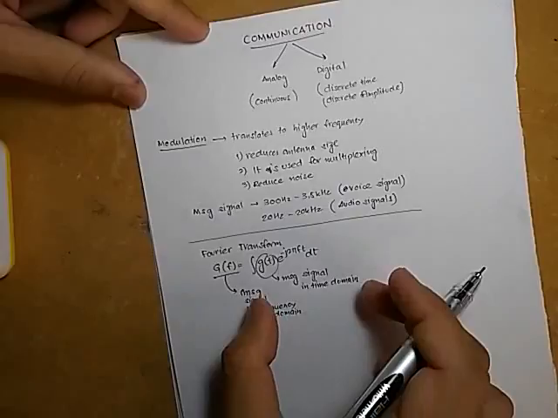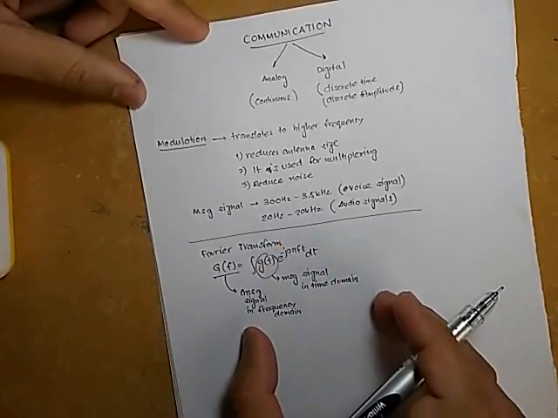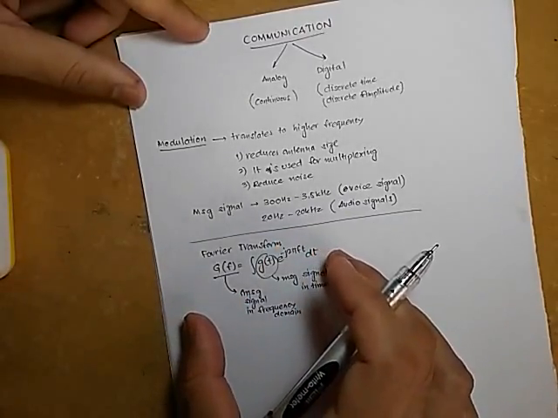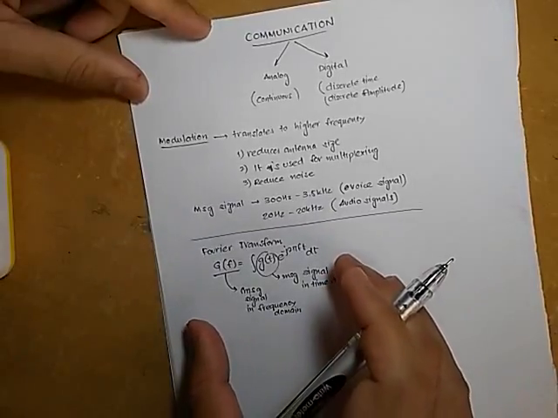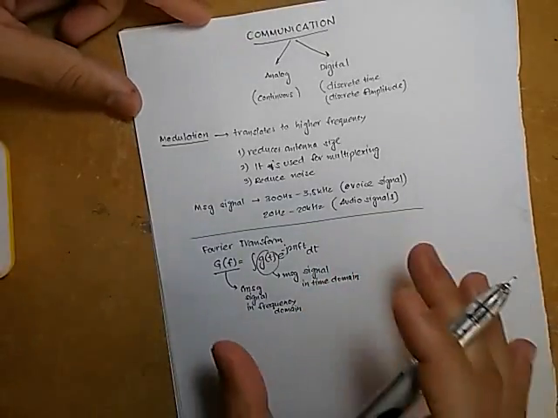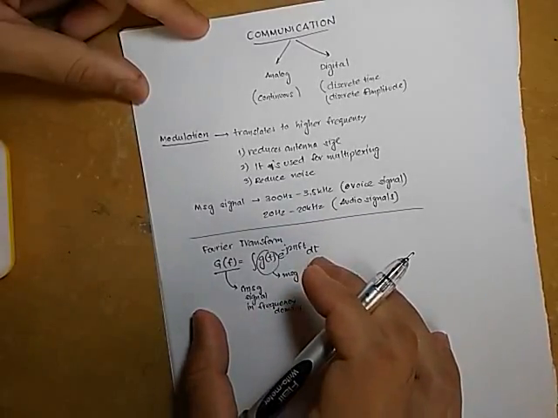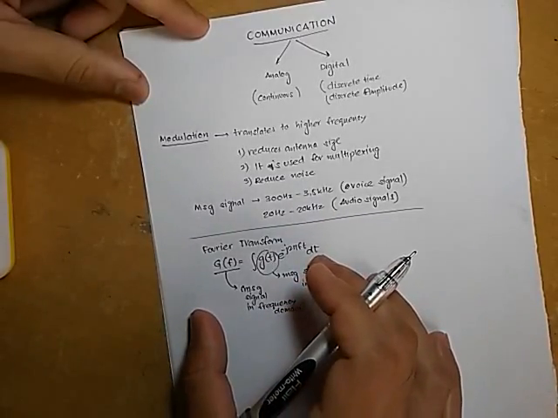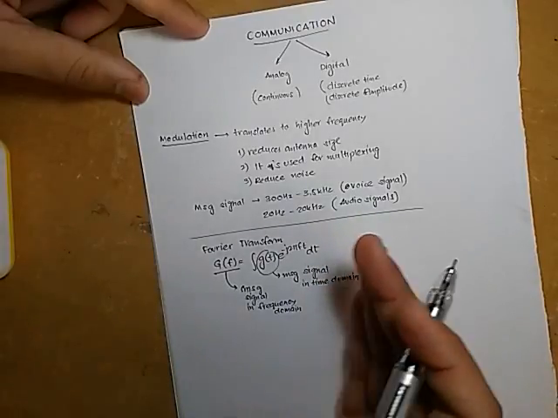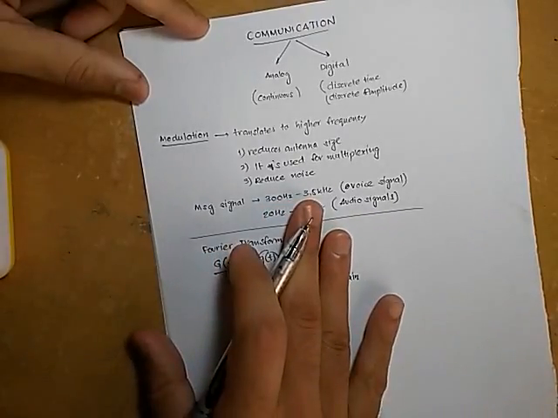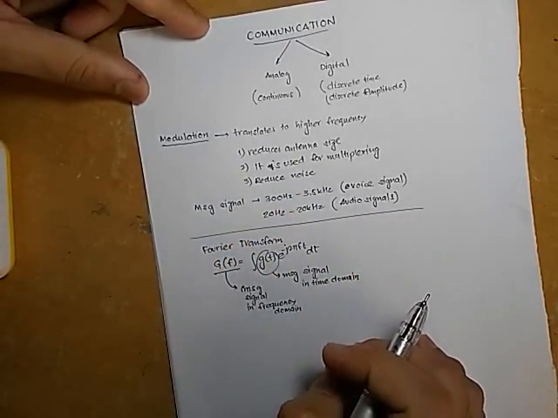Why do we do this? Because in frequency domain we have many advantages, like convolution in time domain becomes multiplication in frequency domain, and it's better to use multiplication rather than convolution.